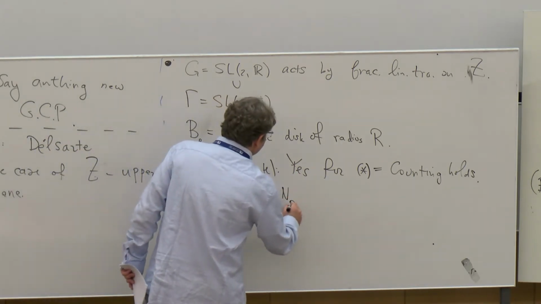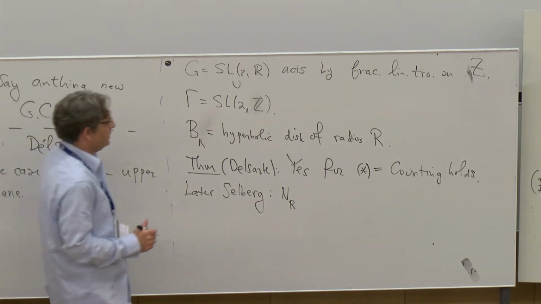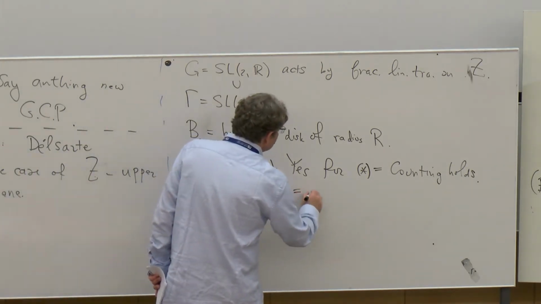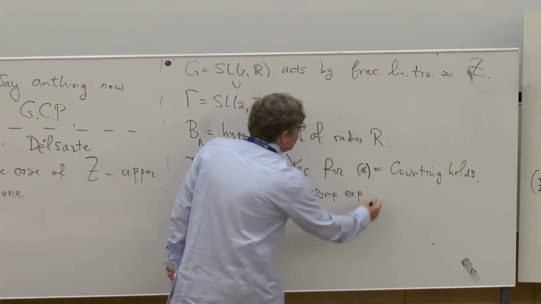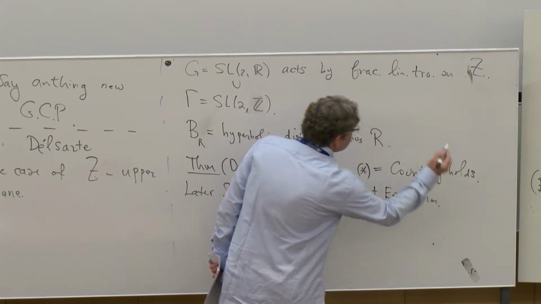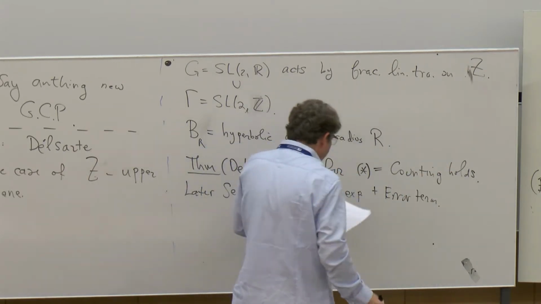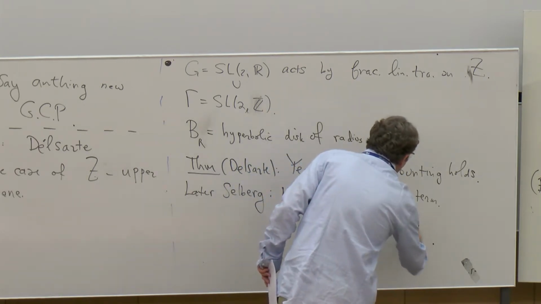So Selberg produced a certain asymptotic expansion plus an error term. I'm not going to write it. And the error term he got in my normalization is BR to the minus 1/3.